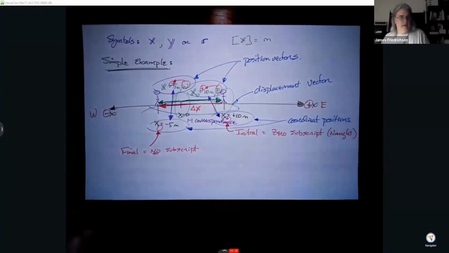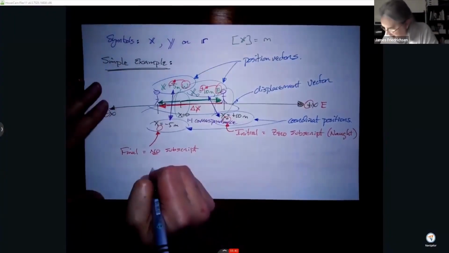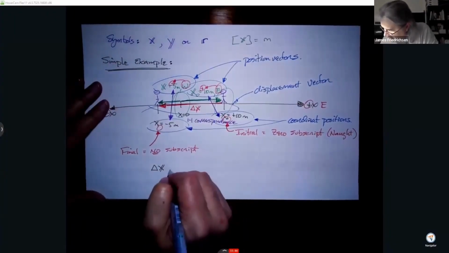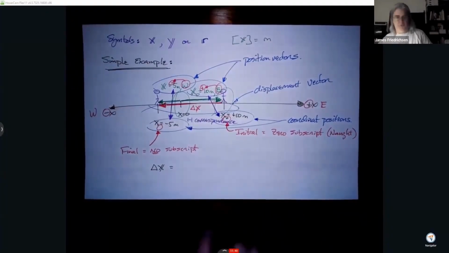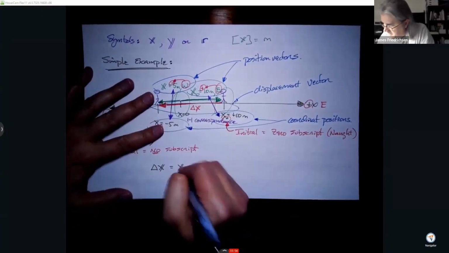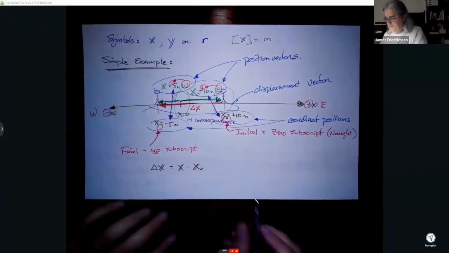So the displacement vector is the change in the position vector. And in physics, this is always going to be interpreted as the final minus the initial, and there's really no exceptions to that. So we'll do the final position vector minus the initial position vector, like so.